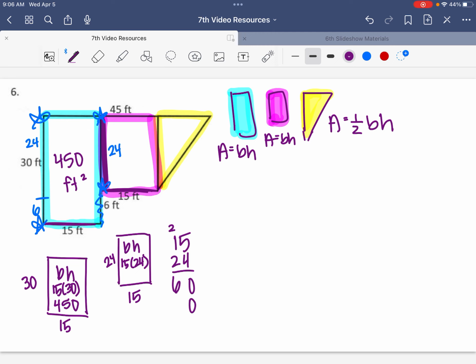Add my placeholder 0. 2 times 5 is 10. 2 times 1 plus 1 is 3. So we get 360 is the area of the pink rectangle. So we have 450 so far, we have 360, and now we're just looking at our triangle.